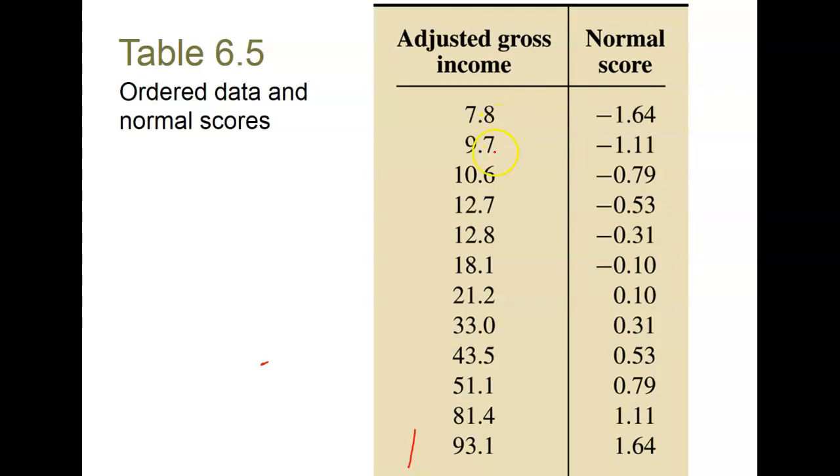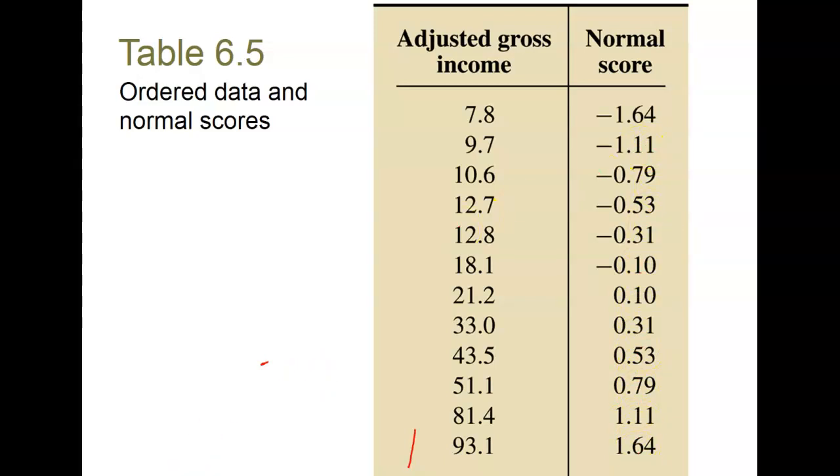But we asked just random adults, 18 years and older, what their income was. The highest person would make $93,100. So we're just going to see if this is normally distributed. These would be our normal scores. If it is normally distributed, we would have a z-score that would look something like this.